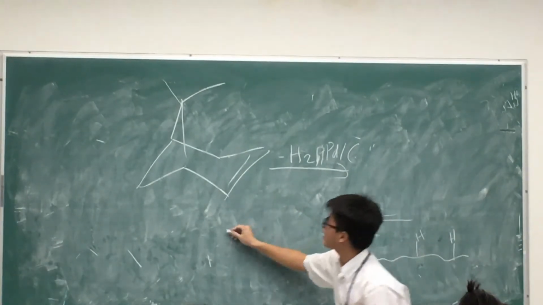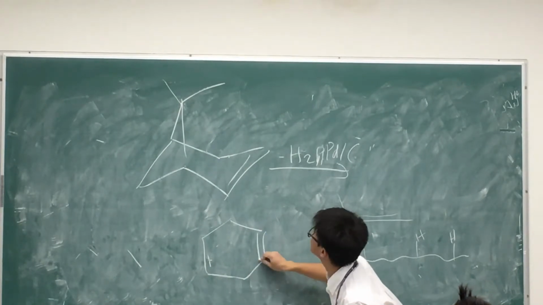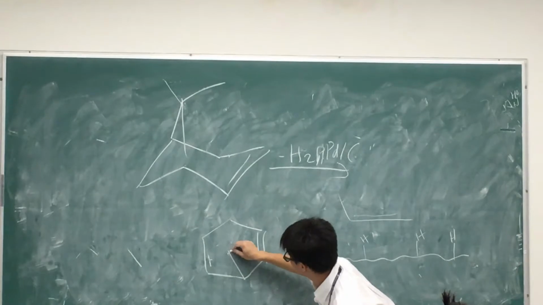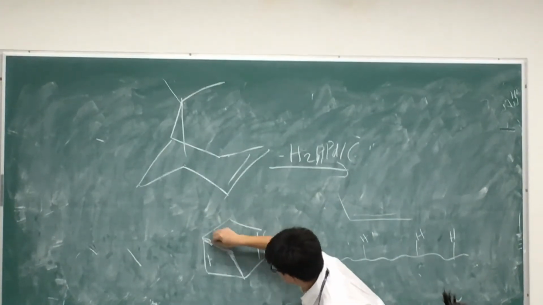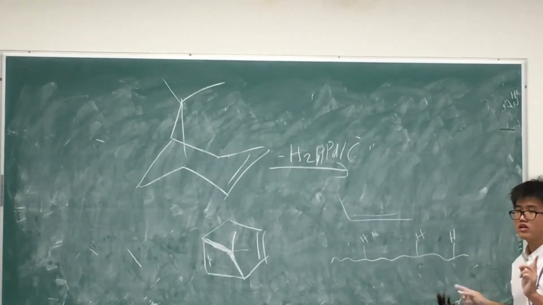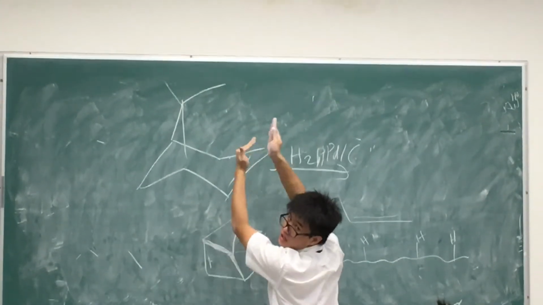This molecule, actually, I can rewrite the structure like this. Okay? So it makes a ring, right? With another smaller ring on top of it.